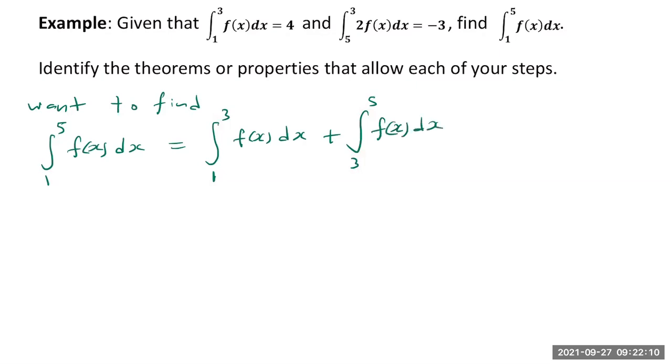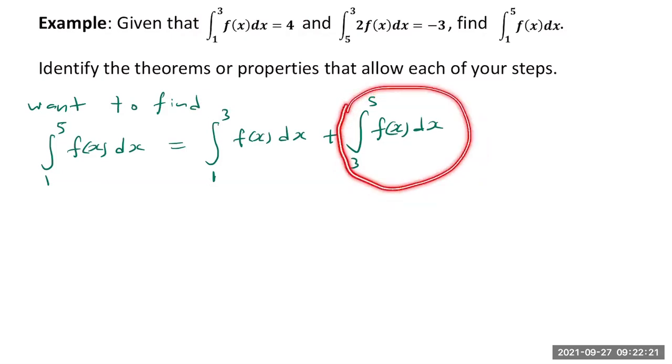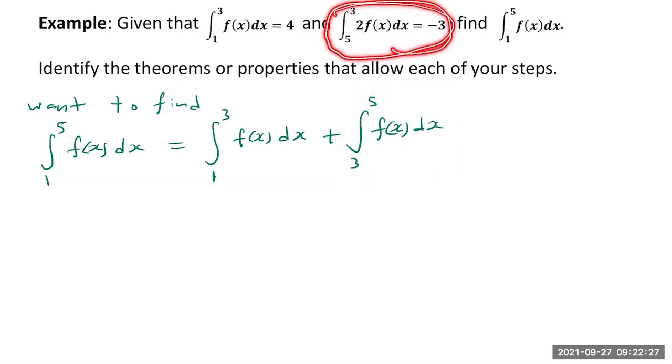But the good thing is this quantity is given. This is here. I just have to figure out this quantity. If I can figure out this quantity, I'm done. How do I figure out this quantity? This is not exactly given, but something similar to that is given here. I need the definite integral of f of x from 3 to 5.